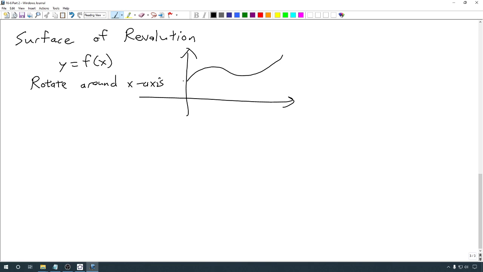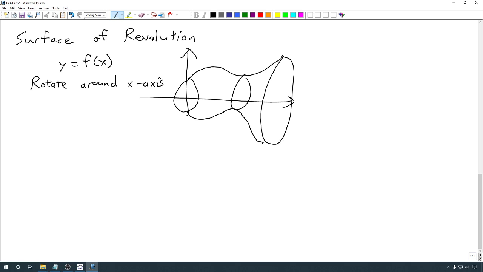And that essentially turns into a surface of revolution, and that's not very well drawn, but hopefully you got an idea of what we're doing. We're taking this curve and rotating around the x-axis, and we get a surface.